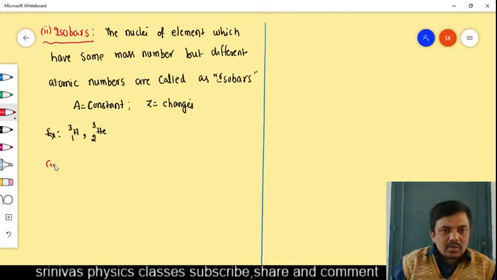Next one is the isotones. Isotones means what?